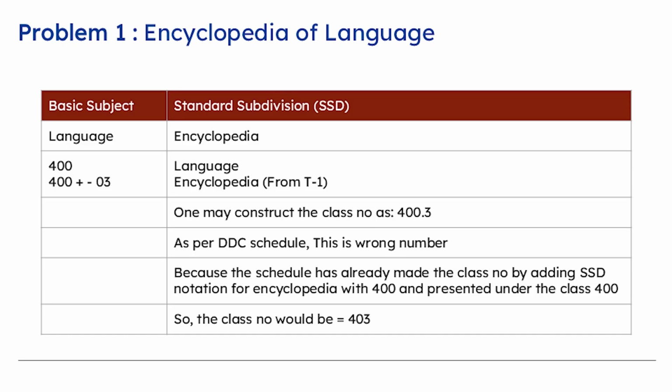As such 403 is Encyclopedia of Language. If it is 405, then Serial of Language. If it is 407, then Study and Teaching of Language. In that way, we have to construct the class number. Then we can cite another example, problem 2.